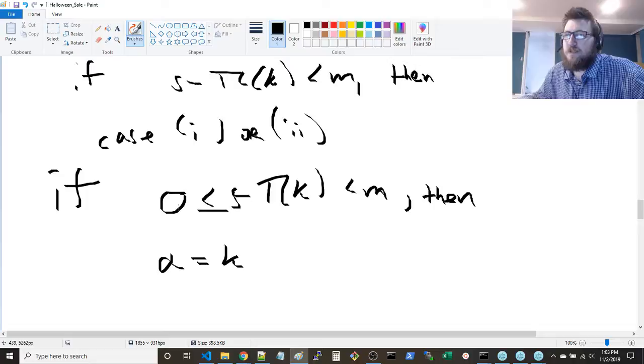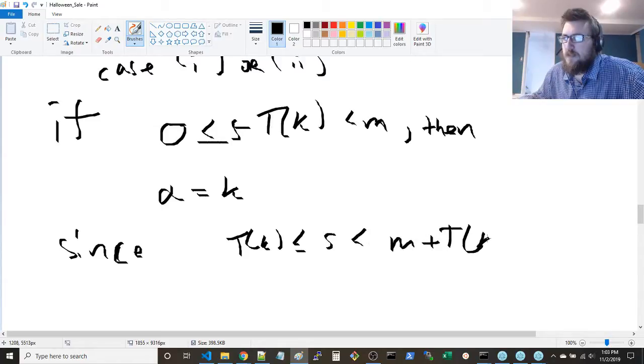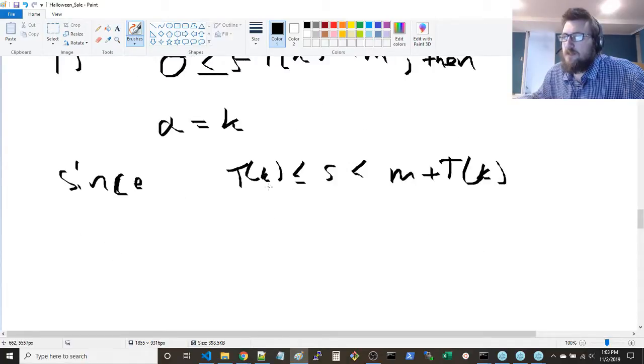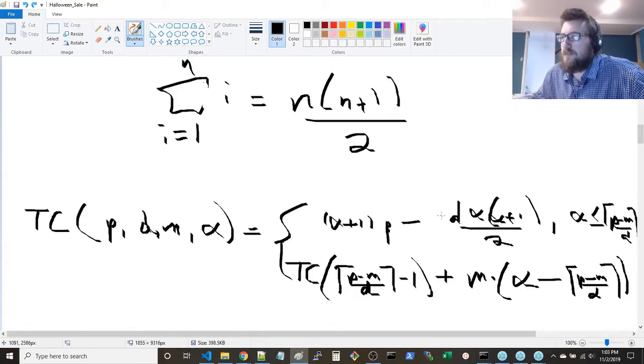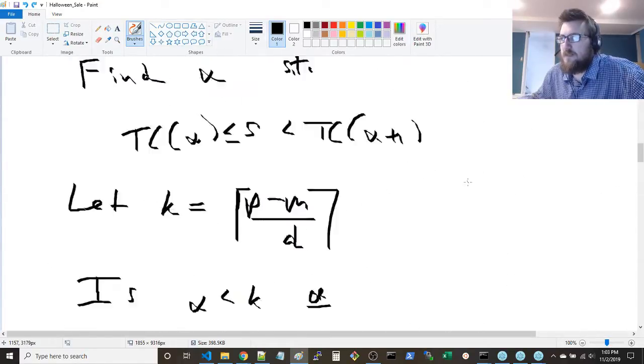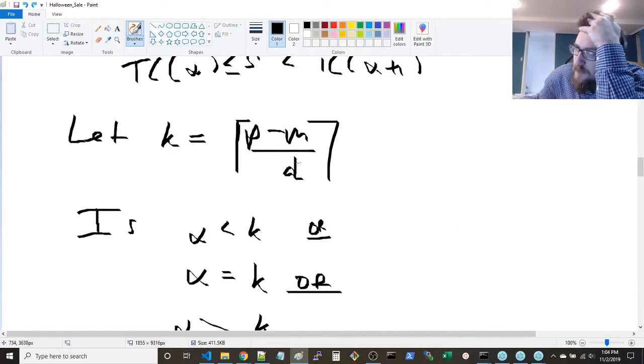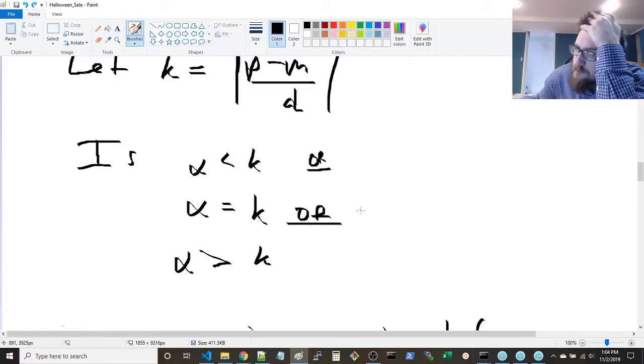And the reason for this is, since t of k is less than or equal to s is less than m plus t of k, which is equal to t of k, the same in this function either side, and this is the second function. Yeah, this is that alpha equals k case.